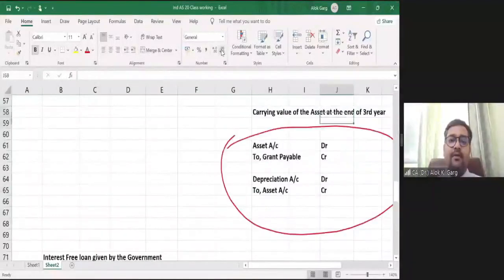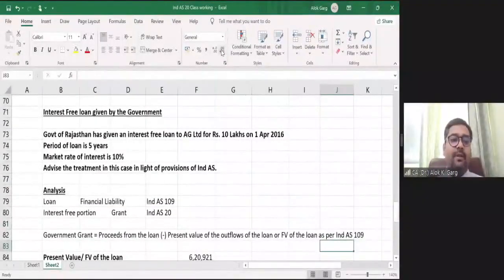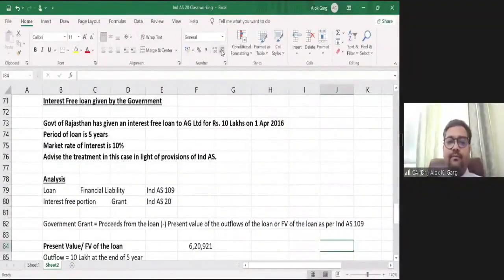Guys, are you clear on this accounting? Let me know if you have any issues. Friends, have you understood the accounting of interest-free loan? Can you quickly confirm? Students, can you quickly confirm?